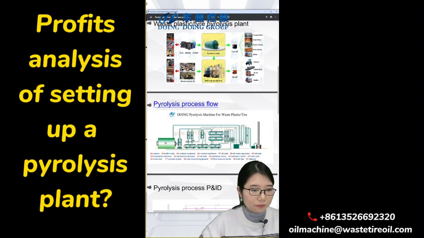And then because we use the burner to heat the reactor, it will generate some smoke. So before we discharge the smoke, we have the dusting systems to control the emission.